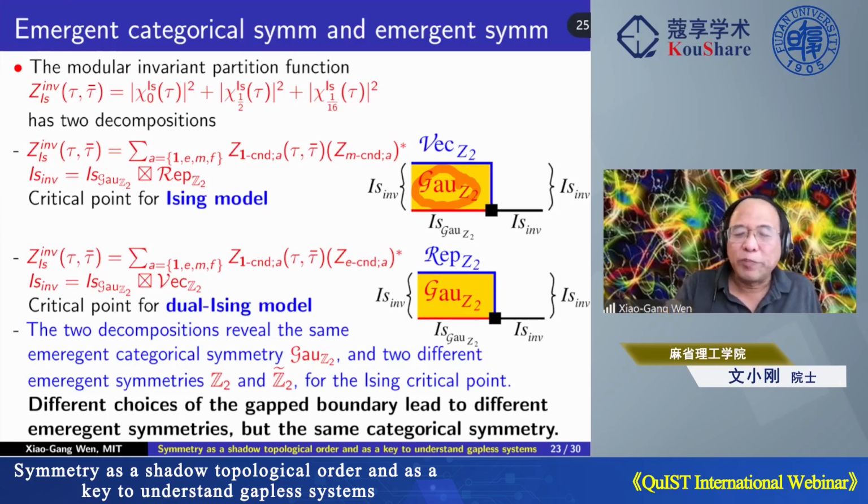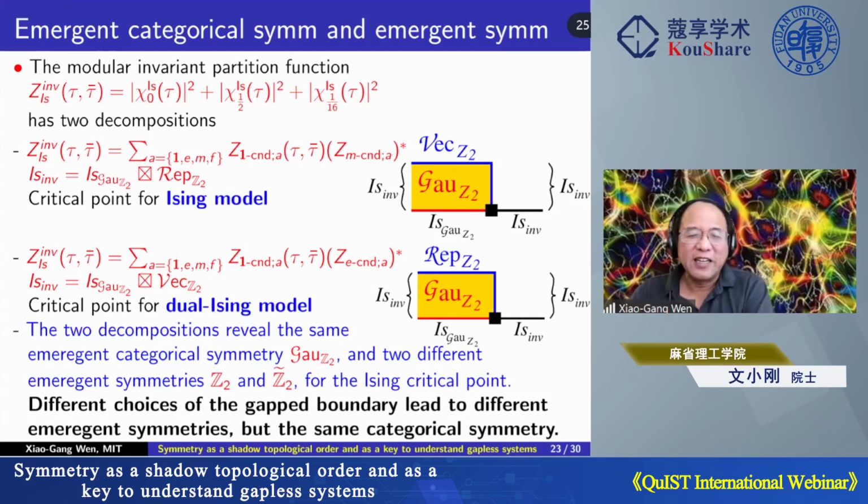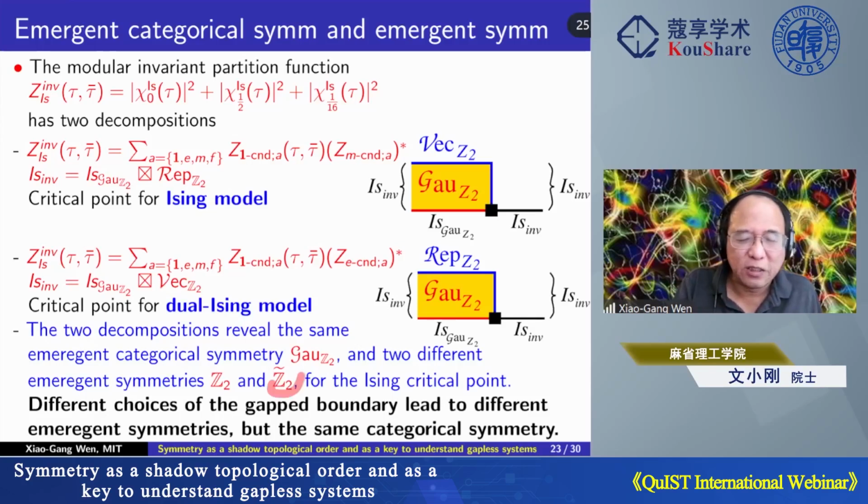But also that's an emergence of categorical symmetry. But the emergent symmetry is a dual of the other boundary. And one is E condensed, one is M condensed. Mathematically it is Rep Z2 and Vec Z2. So actually, the emergent symmetry will be the emergent Z2 symmetry or the dual symmetry. There are two situations.